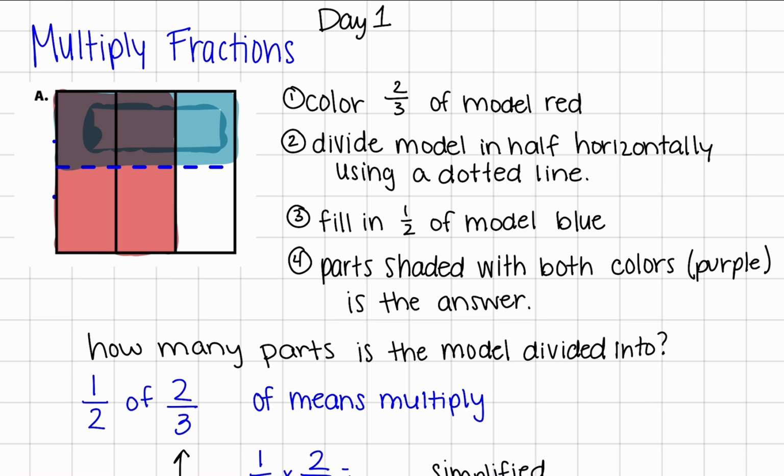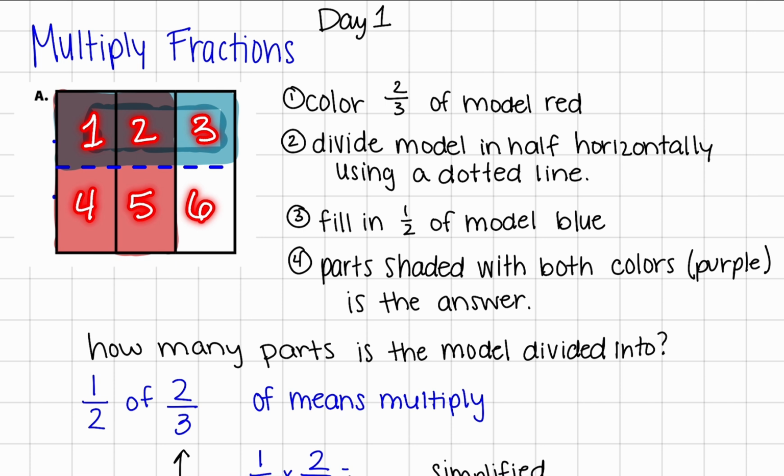All right. So now the parts that are shaded with both colors is our answer. So you can see that these two have a darker color than the red here and the blue here. Okay, so how many parts is the whole model divided into? Well, we have 1, 2, 3, 4, 5, 6 parts.